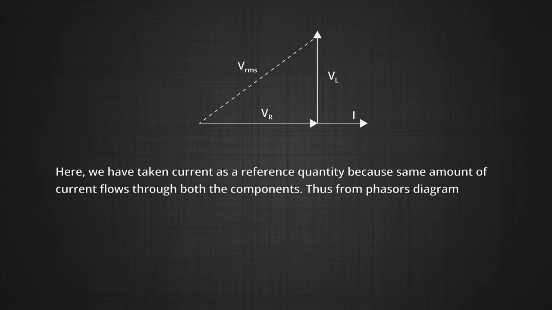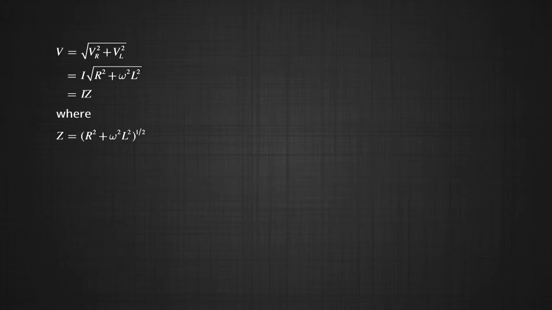Thus, from the phasor diagram, we can calculate V = √(VR² + VL²) = I√(R² + ω²L²) = IZ, where Z = (R² + ω²L²)^(1/2).